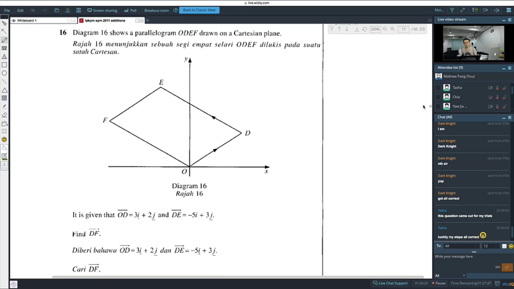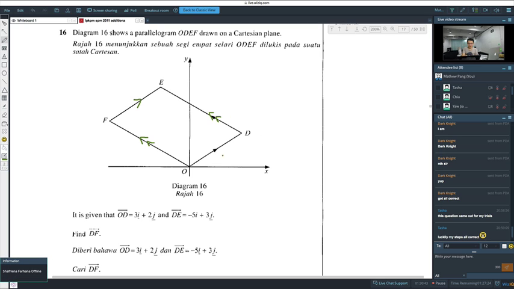Diagram 16 shows the parallelogram ODEF, drawn on the Cartesian plane. Parallelogram means this vector and this vector are totally the same, and this vector and this vector are totally the same, because they are parallel and the same length.